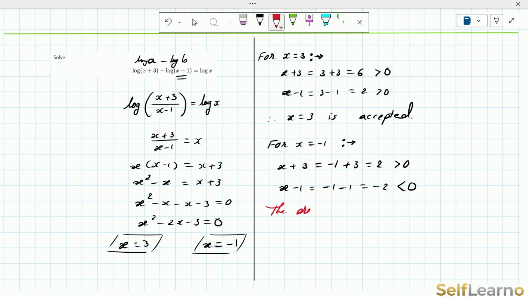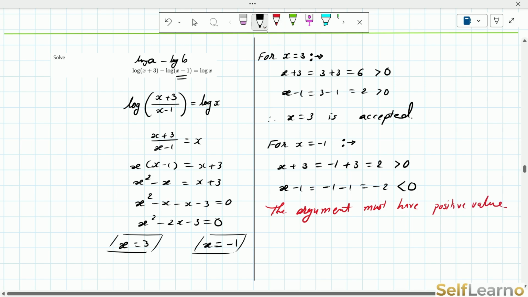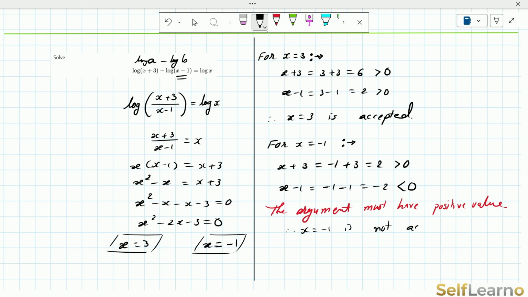The argument must have positive value, right? Therefore, x equal to -1 is not accepted. So our full and final answer, x is equal to 3.